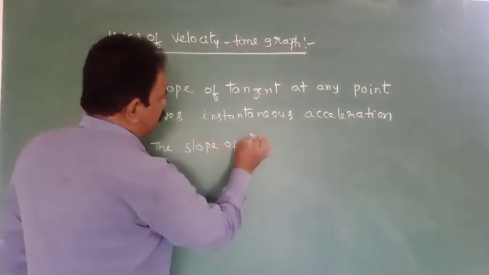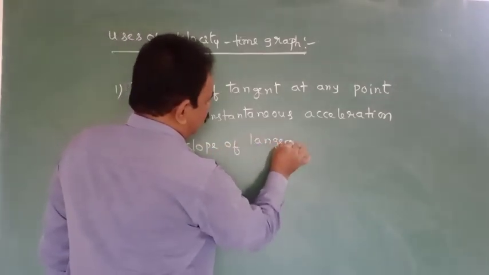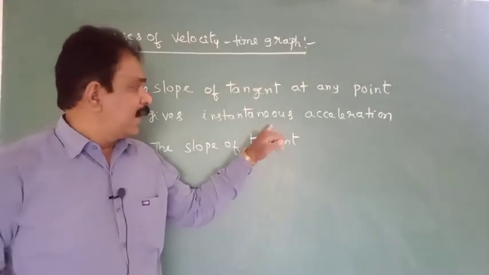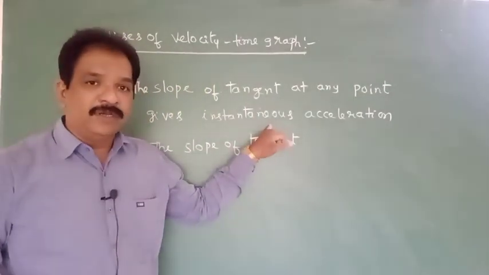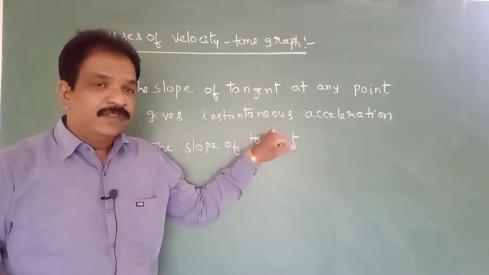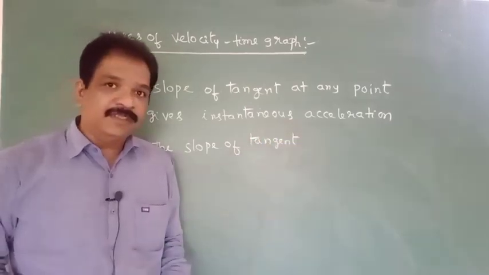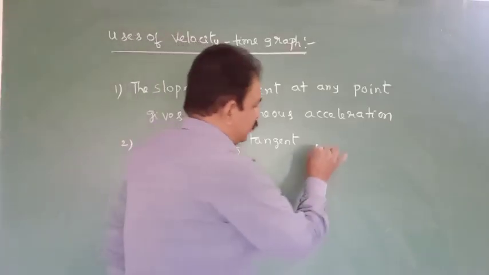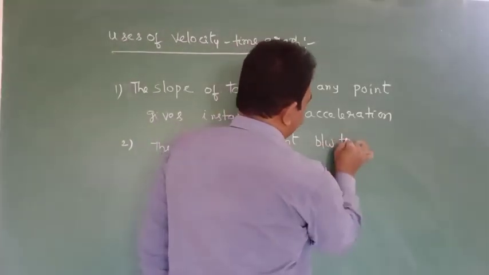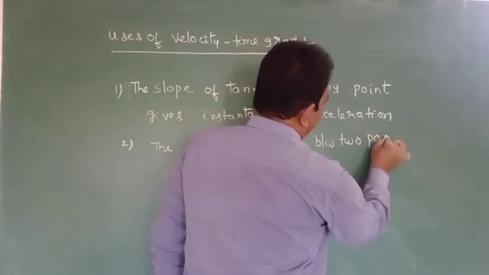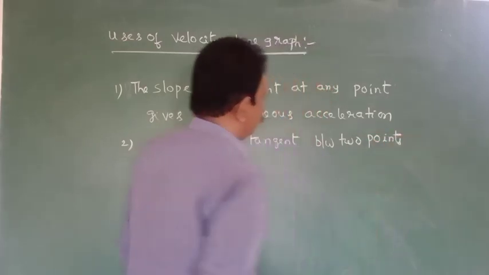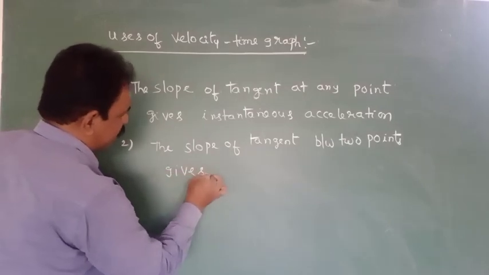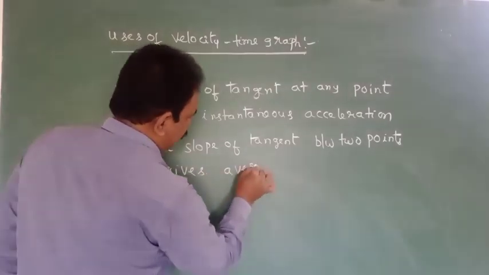What is meant by instantaneous acceleration? Acceleration at any particular instant of time is called instantaneous acceleration. Clear? The slope between 2 points gives average acceleration.